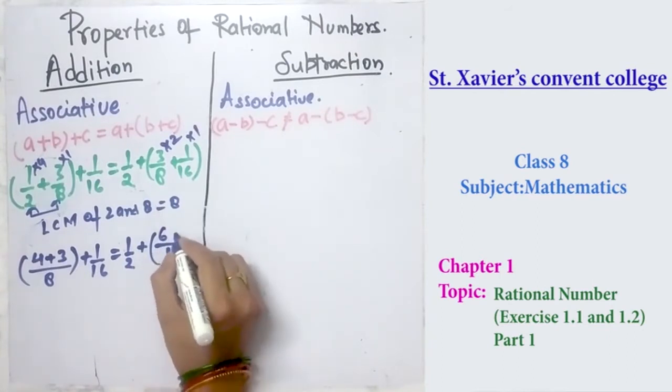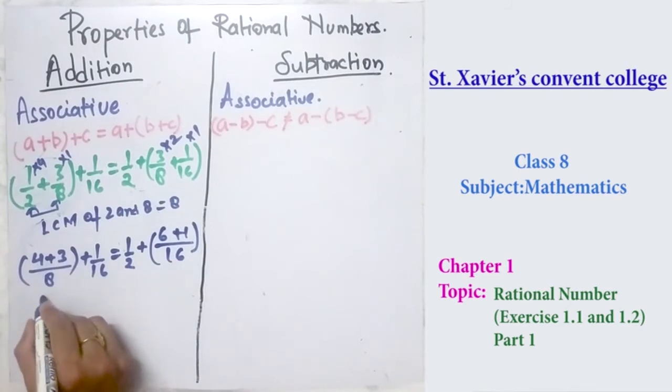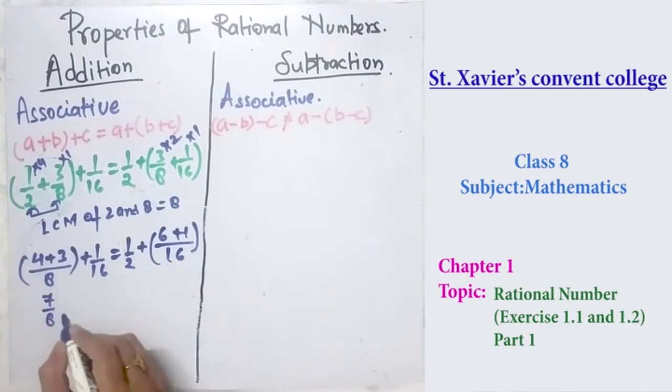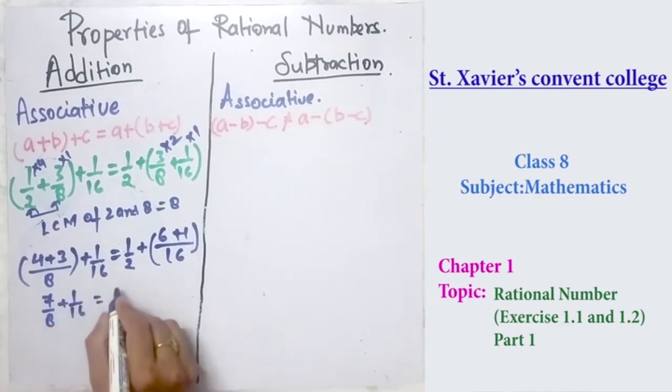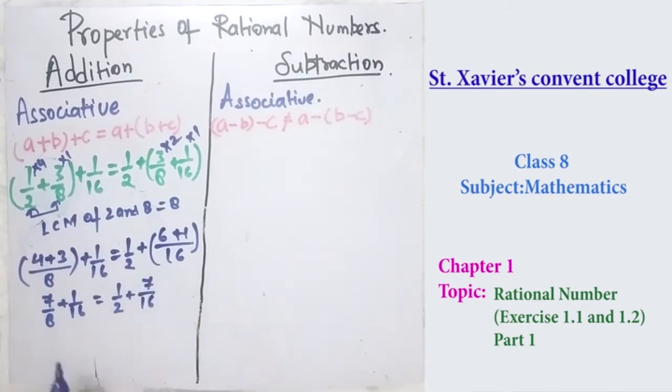That is 3 twos are 6, 6 plus 1 like this. 4 plus 3, 7 upon 8 plus 1 upon 16. Here 1 upon 2 plus 7 upon 16. Okay. Now again we take the LCM of 8 and 16, which comes to be 16. 8 ones are 8, 8 twos are 16.